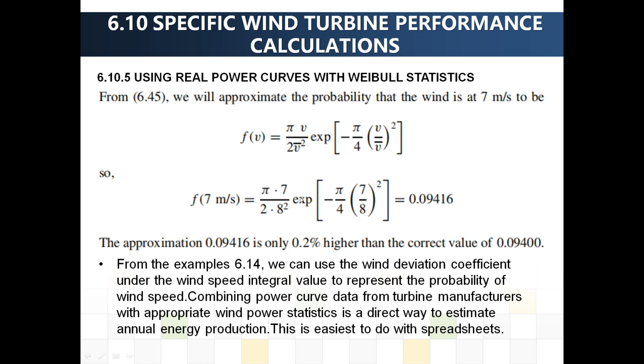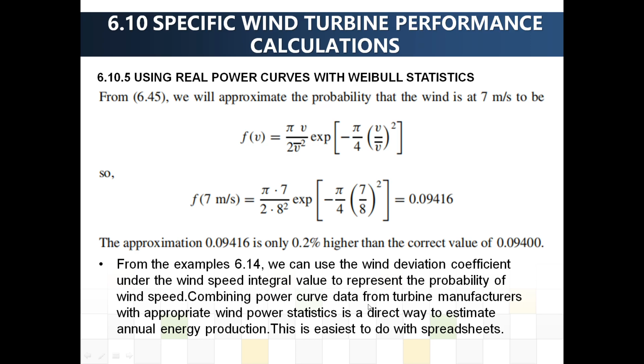If we substitute in this equation, we obtain the probability that the wind is at 7 meters per second is 0.09416. So this is only 0.2% higher than the correct value of 0.094. From example 6.14, we can use the probability density function multiplied by the wind speed interval to represent the probability of wind speed.